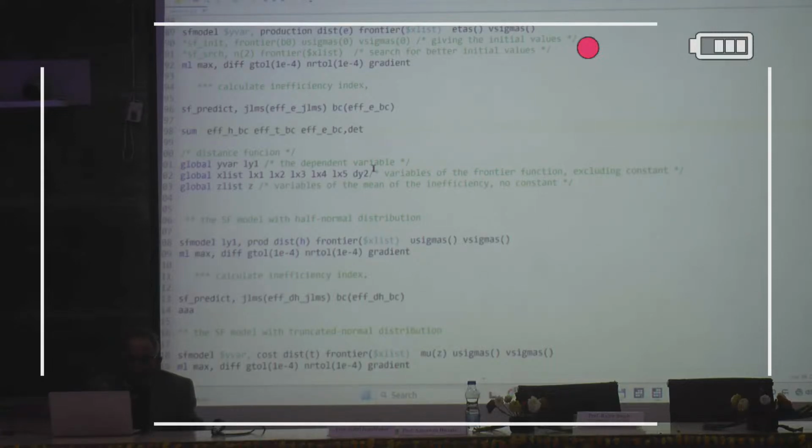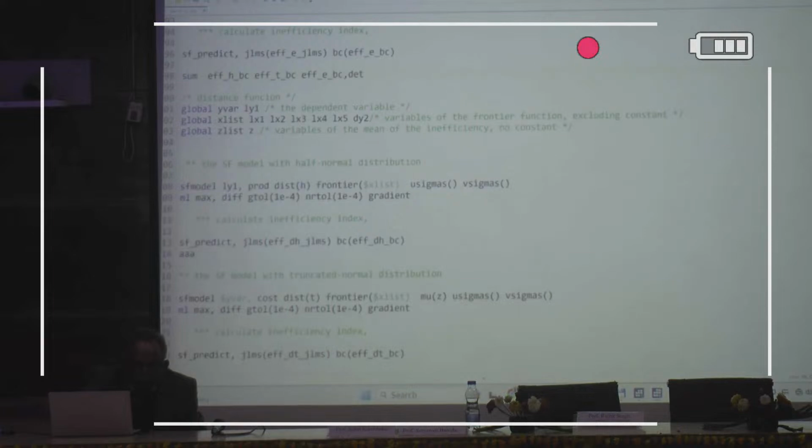So the number of outputs does matter from the computation point of view. And then you just go to the half normal distribution. So again, what do you think will change? Do you expect to see any change in terms of the code? No, because you put dy2 in the X list. So you basically copy all the lines that we had before.